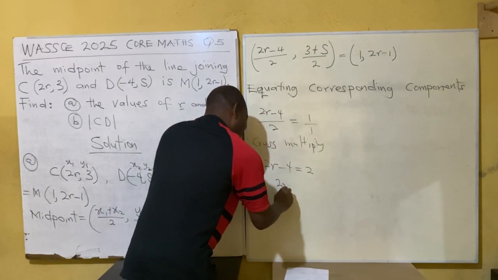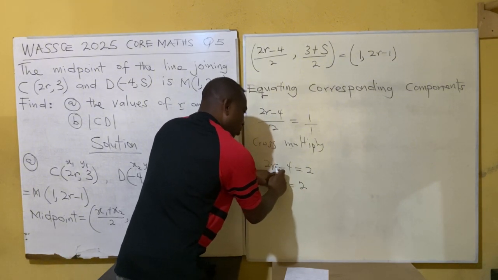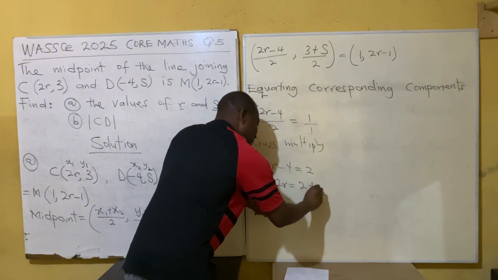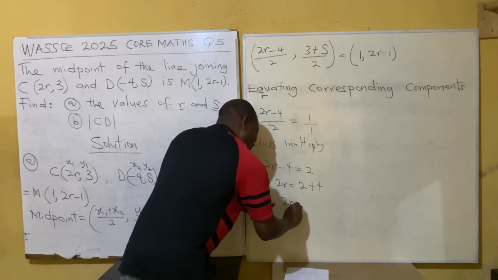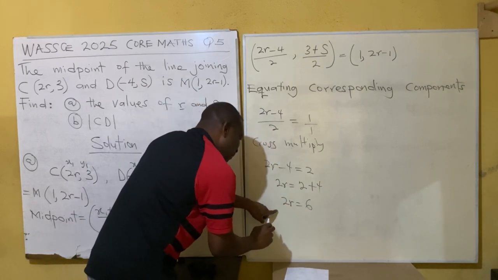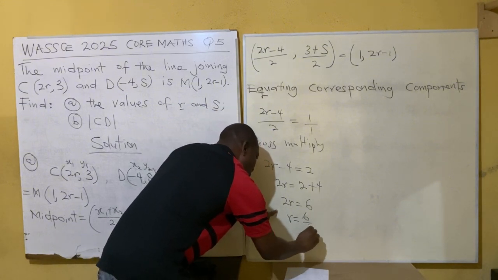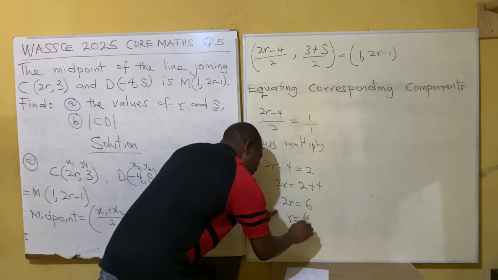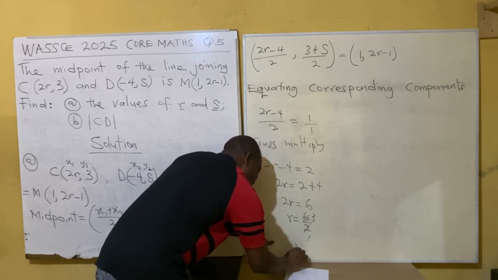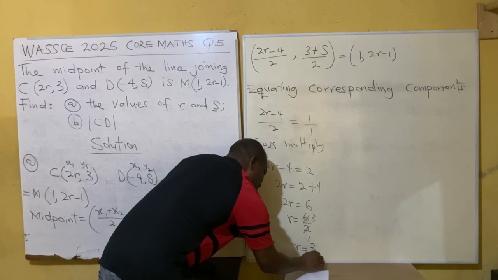So we have 2r is equal to 2; this crosses the equal sign and becomes plus 4. So 2r is equal to 6. We divide both sides by 2, so we have r is equal to 6 over 2. 2 goes into 2, 1, into 6, 3. So the r we are looking for here is equal to 3.